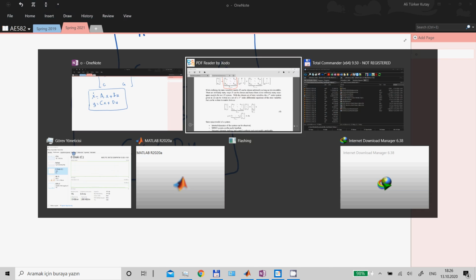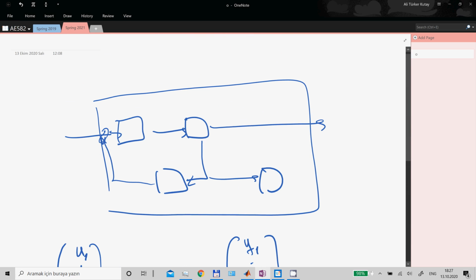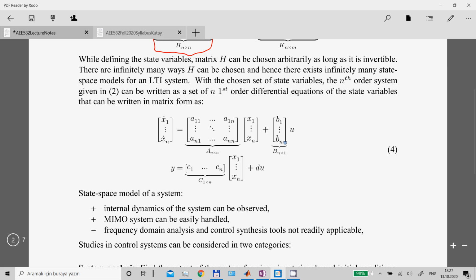One benefit of having a state space model is that when you're working with state space models, the internal dynamics of the system are preserved. So when you come back here, if this is your interconnected system, and you have state space models written for every block here, when you combine the entire system into one large state space model, every internal dynamic will be preserved in that matrix. So you can easily see if there are any problems internally in your system.